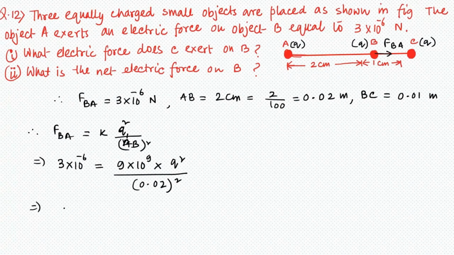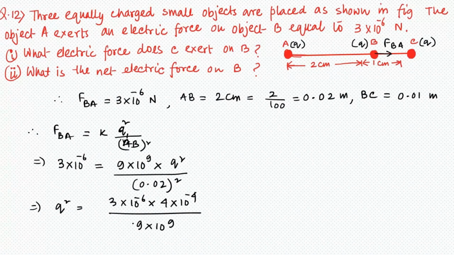So from here, Q square is equal to 3 into 10 to the power minus 6 into 4 into 10 to the power minus 4 divided by 9 into 10 to the power 9. So 3 3s are 9, and we'll be getting 4 by 3 into 10 to the power minus 19 coulomb square.